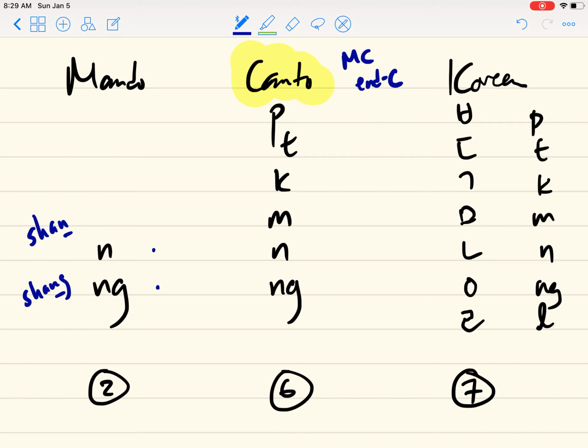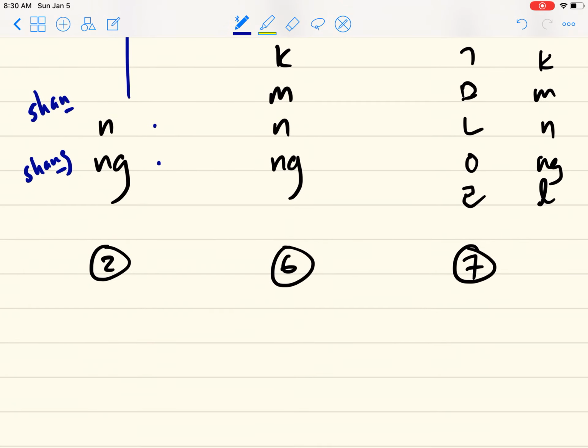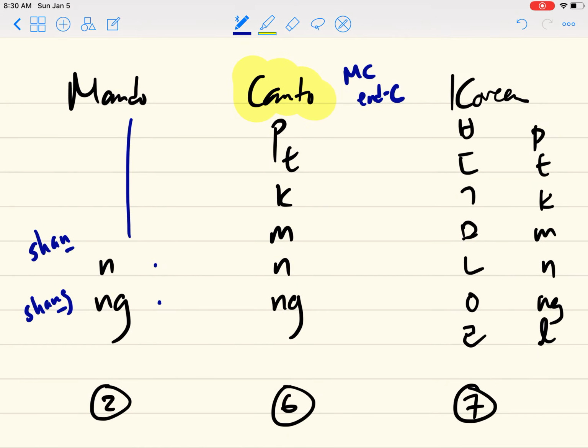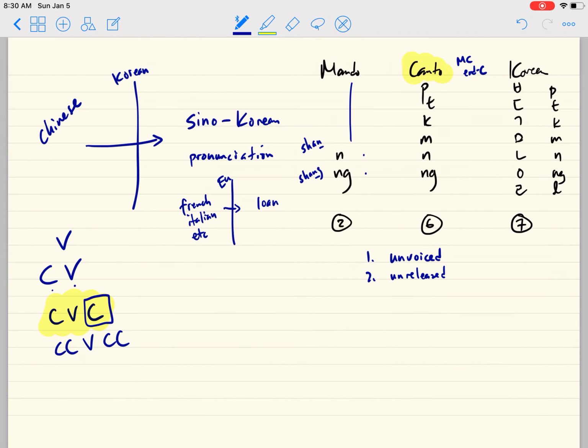And Korean has 7, so the most out of these 3 languages. Cantonese and Korean preserve these sounds while Mandarin has dropped almost all of them. And what's interesting about these end consonants is they are unvoiced and they're also unreleased, which I will illustrate in the next page.